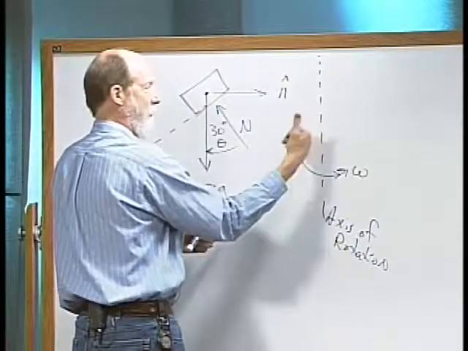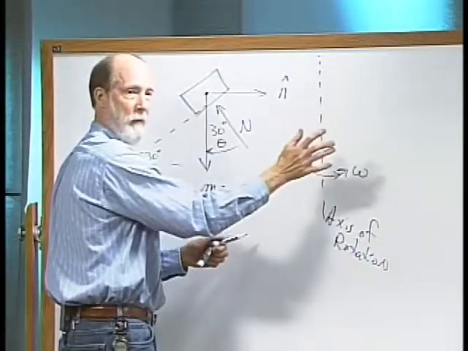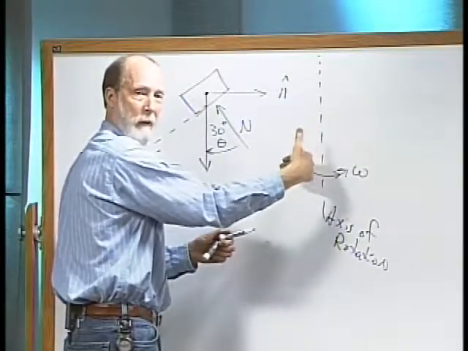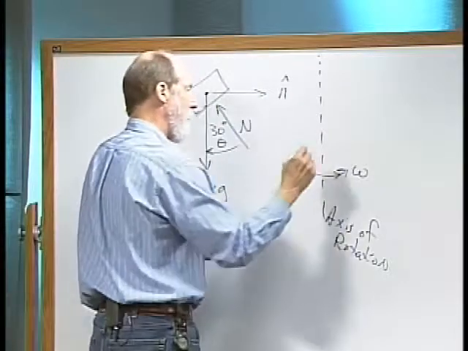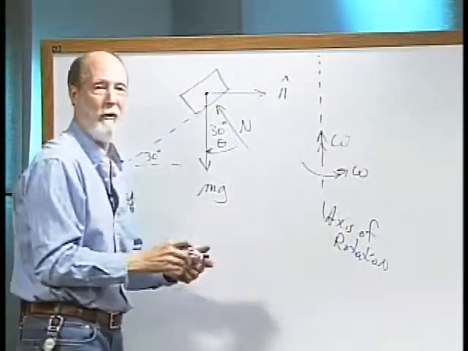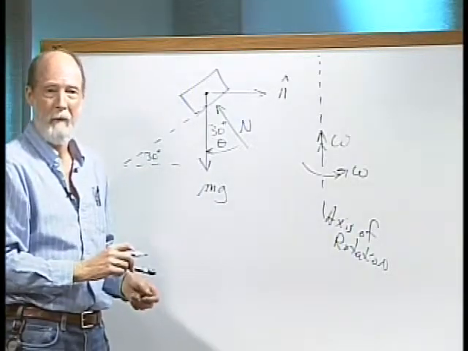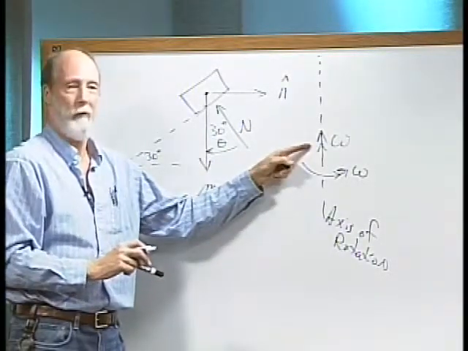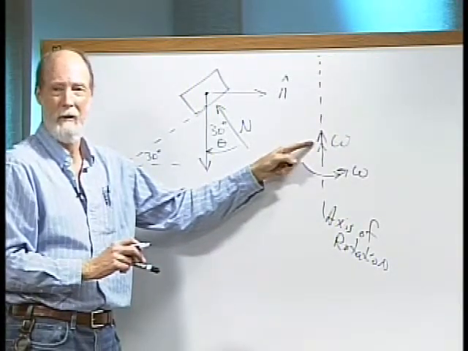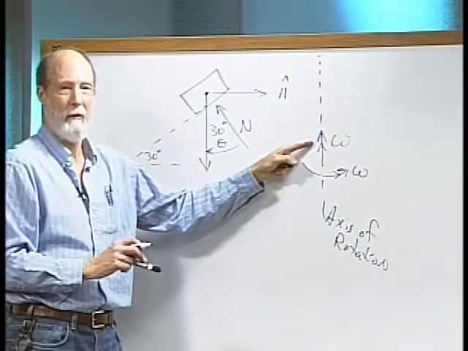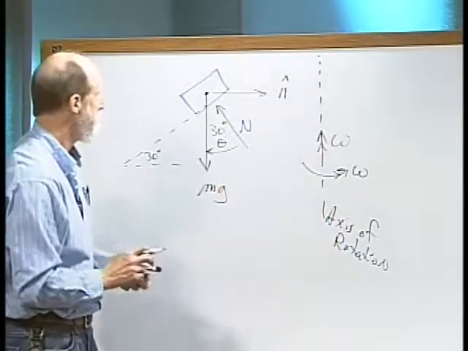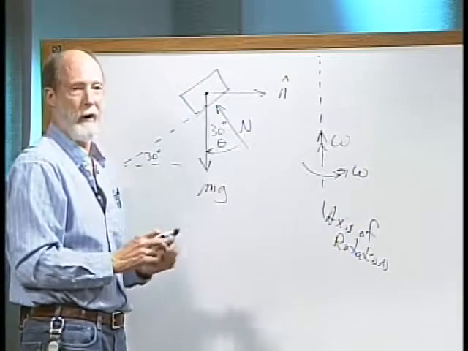So what I do is I imagine my right hand, and this will be useful later in the course, my right hand doing the rotation, and my thumb points in the direction of that. And so then oftentimes I'll draw a double arrowhead indicating the sense of that omega. This will be very useful later in the term, because that is really a vector. That omega is in a vector direction, as you've seen in fourth term calculus or so. And we'll be using them in vector form later.